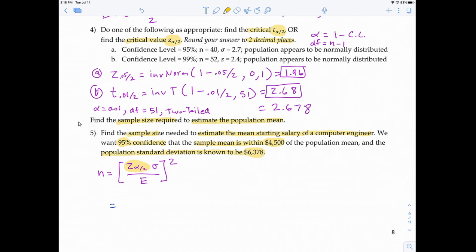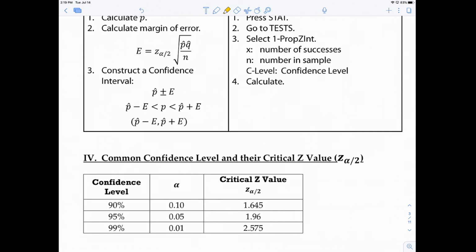For a problem like this where it's asking for the sample size, for the critical value, if it's a common confidence level like 95%, use one of those values that I gave in the prior section. So in 7-1, there you had this table of common confidence levels and their critical z values, right?